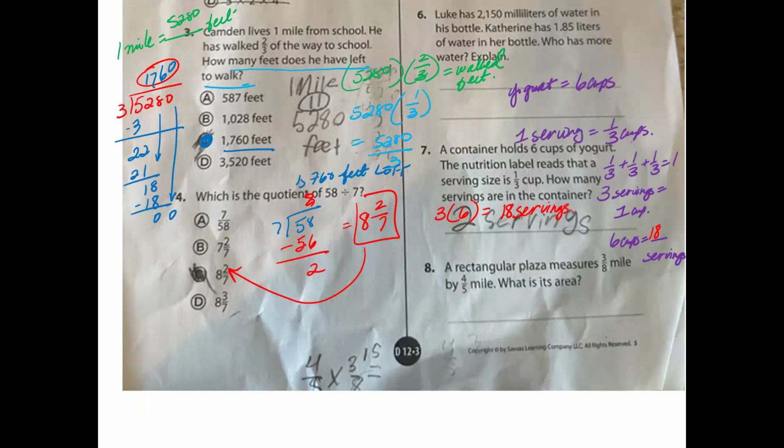But you need to write this down though. You need to make sure you write 3 servings equals 1 cup. 18 servings equals 6 cups.